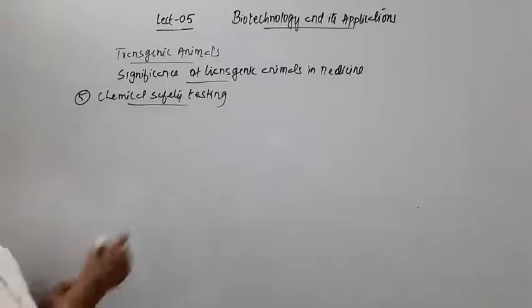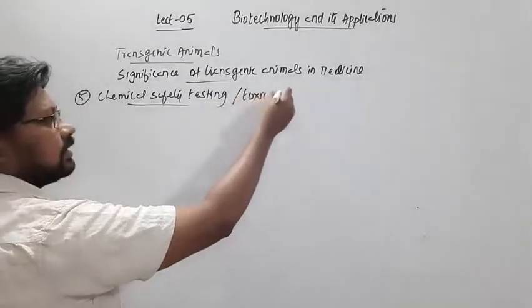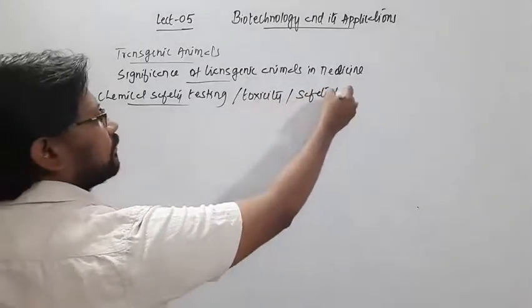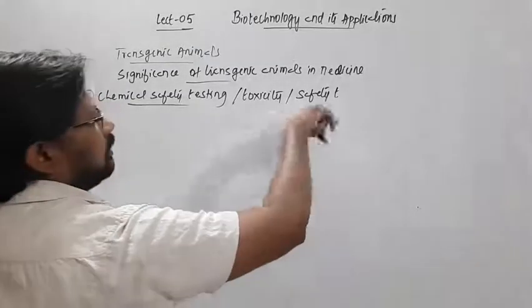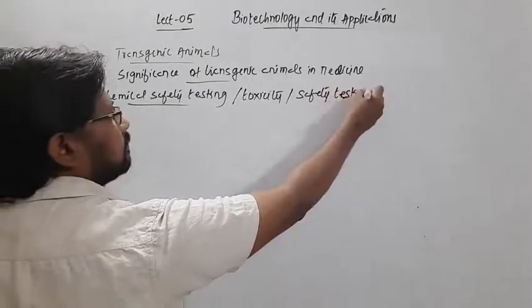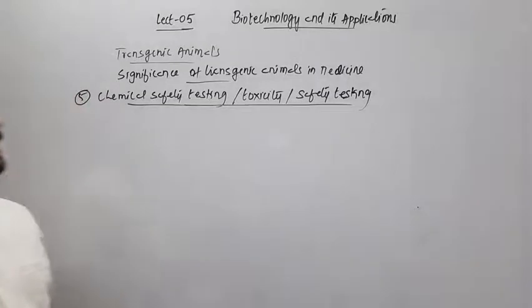You can simply call it toxicity or safety testing. So here it's called by two names: the toxicity or safety testing, one and the same. So chemical safety testing, toxicity or safety testing.